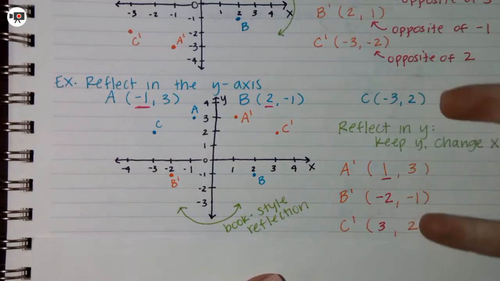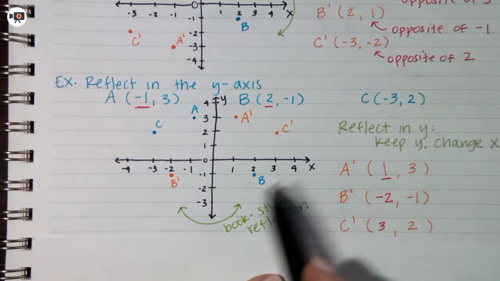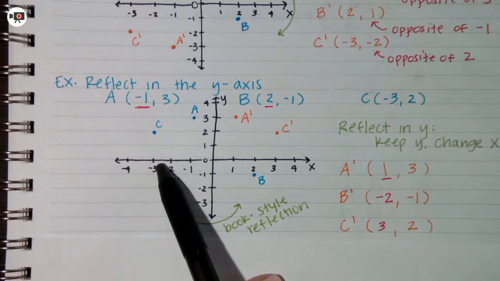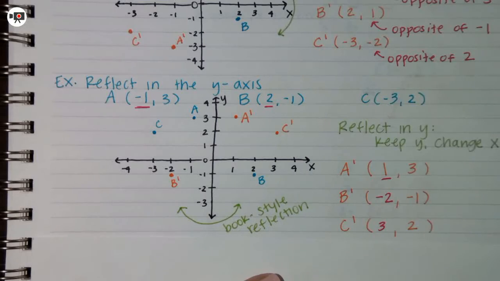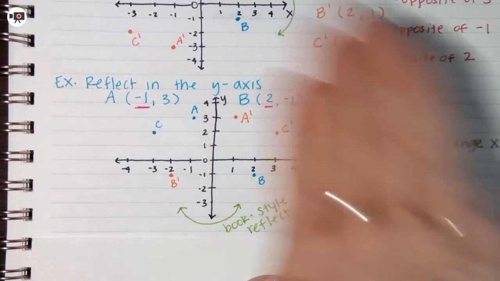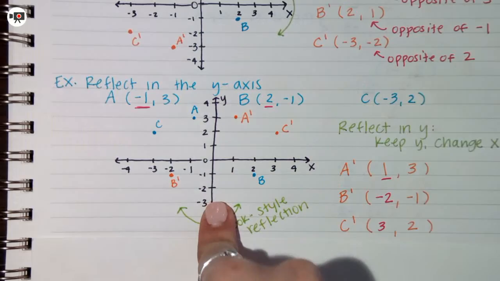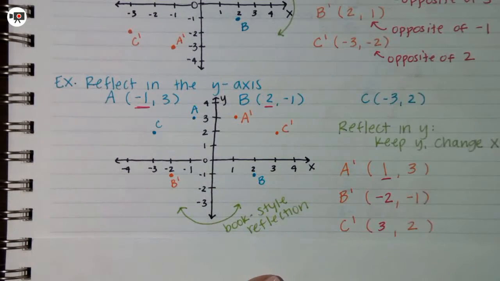C, keep the y and change the x. Then you can see I plotted those at 1, 3, -2, -1, and 3, 2. You can see here that it reflects like a book, side to side. Reflecting in the y means the y-axis is my line, my mirror, my reflection line.